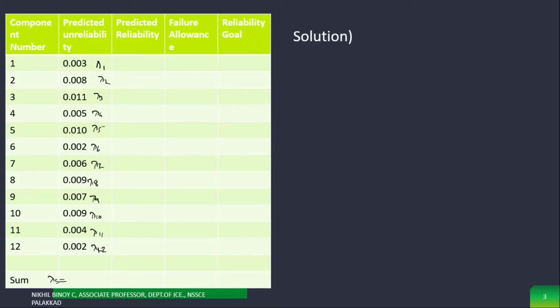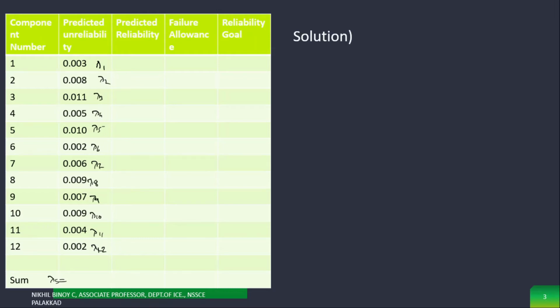So that is 0.003 plus 0.008 plus 0.011 plus 0.005 plus 0.010 plus 0.002 plus 0.006 plus 0.009 plus 0.007 plus 0.009 plus 0.004 plus 0.002.